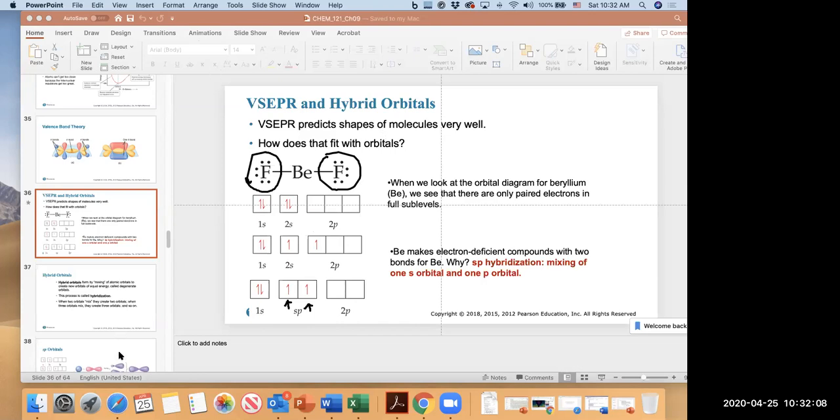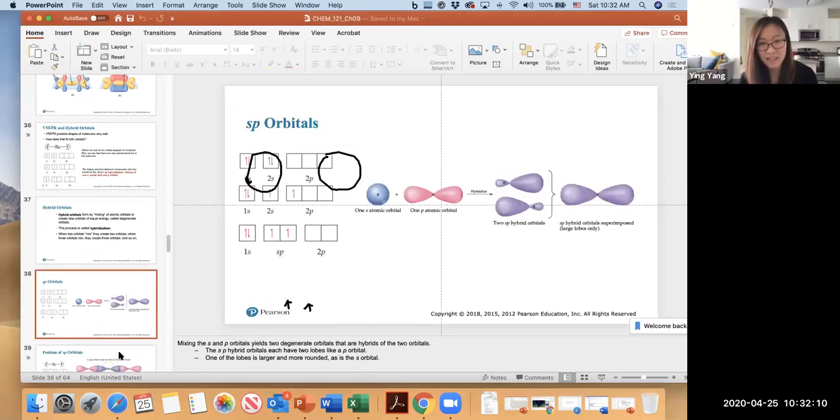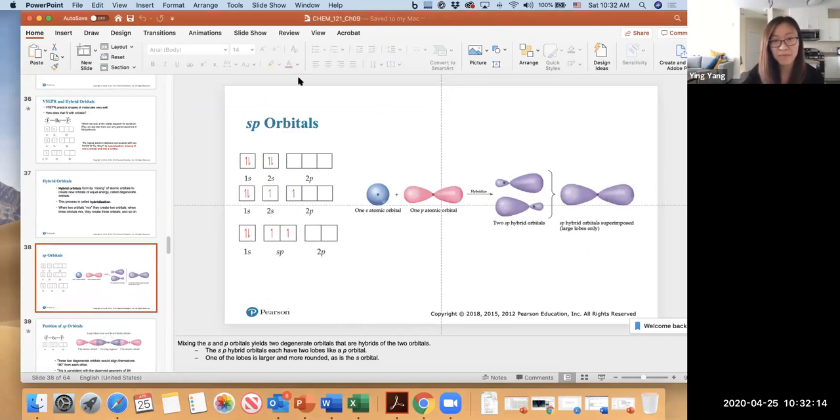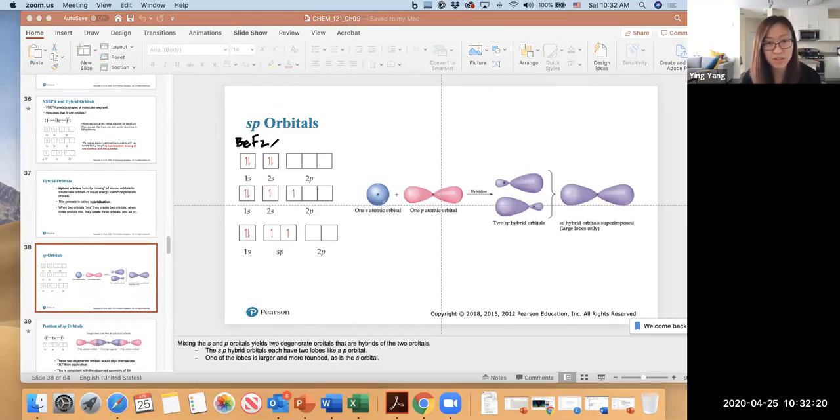Okay. So this example, you can see it over here. This is the same beryllium, beryllium F2. So this is beryllium, and this is how they hybridize to form new orbitals. These are hybridized orbitals.